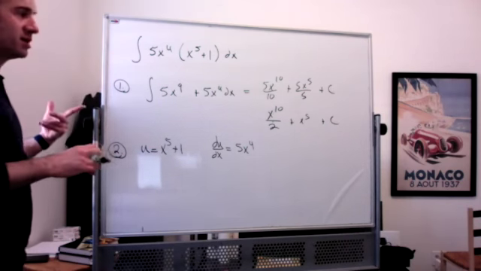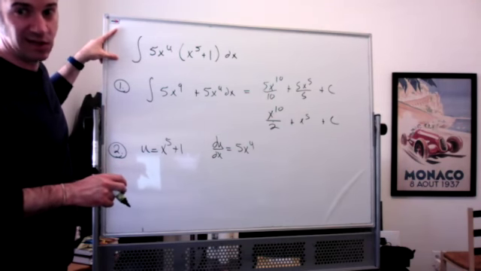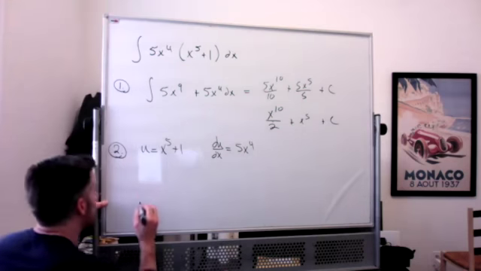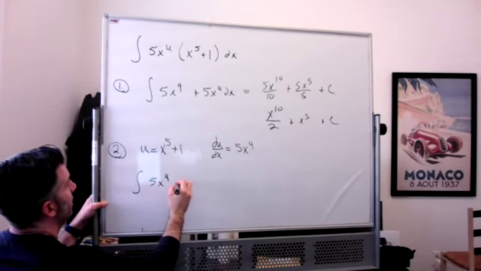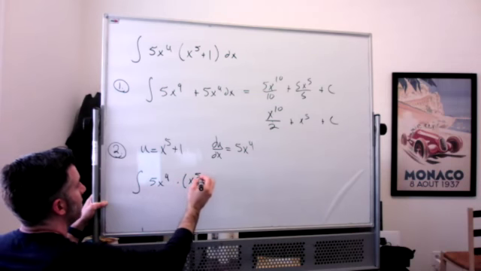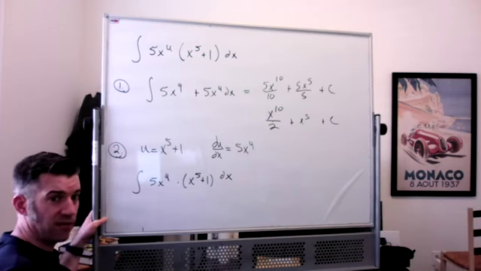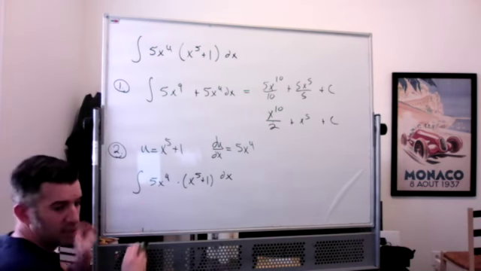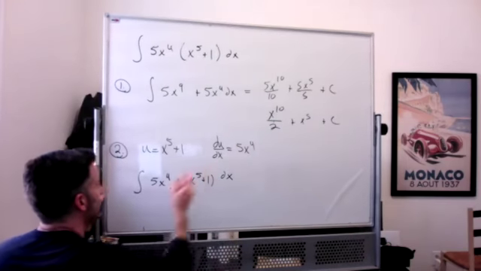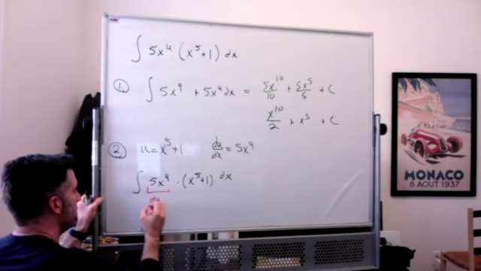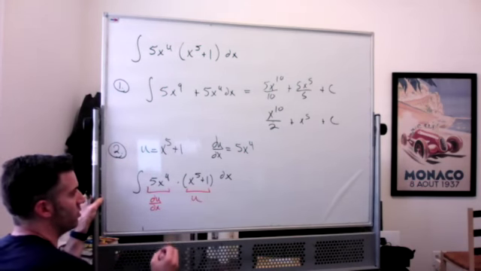So one way to do this is we're going to start changing all of the variables from x's to u's. So I'm going to rewrite the integral of 5x to the 4th times x to the 5th plus 1 dx. Here's how some people like to do it, which is not my favorite, but this works fine. So 5x to the 4th is du dx, and x to the 5th plus 1 is u.